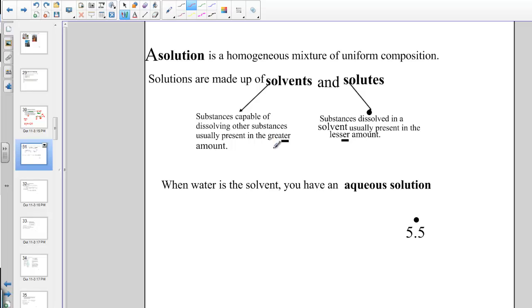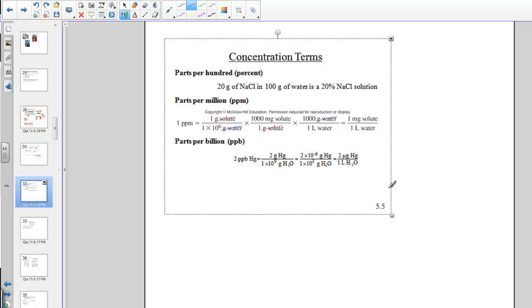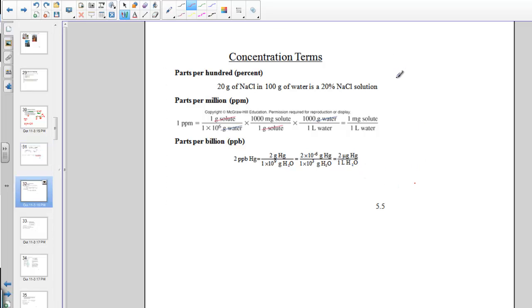The solute dissolves in the solvent. So whatever I have the greater amount of, typically water, is the solvent, and what you have less of is the solute. We're going to talk about aqueous solutions in our water chapter. So if we had salt water, salt would be the solute, water would be the solvent.